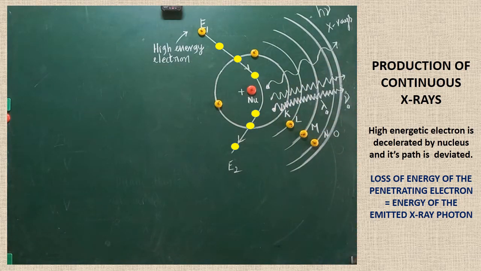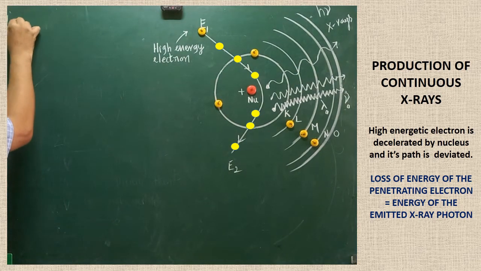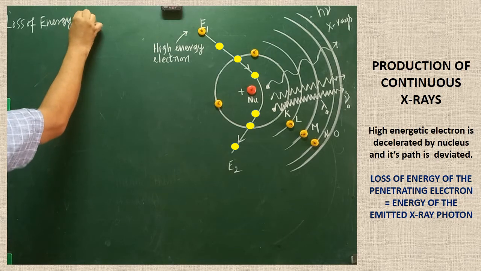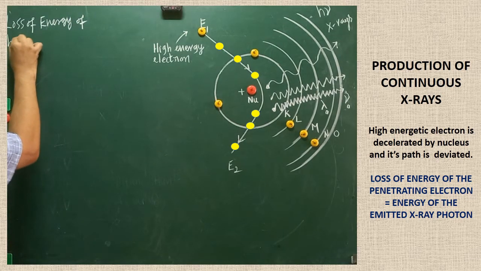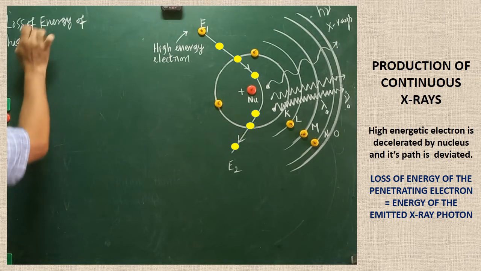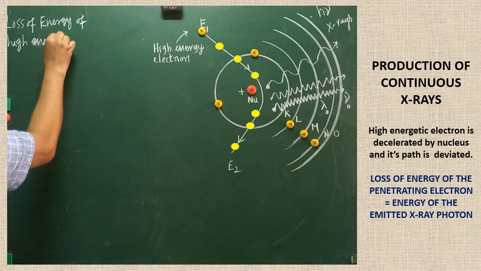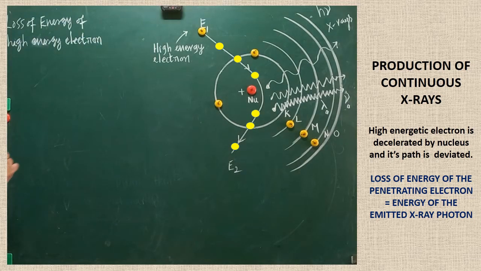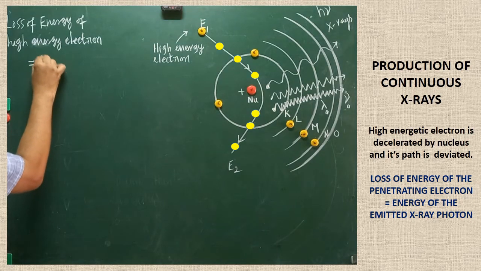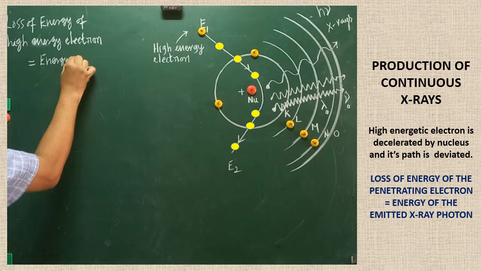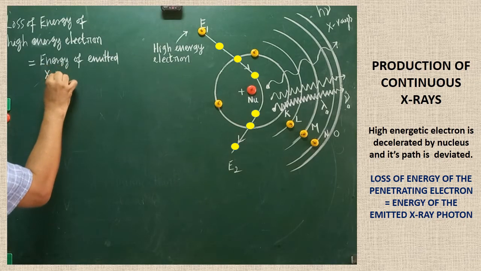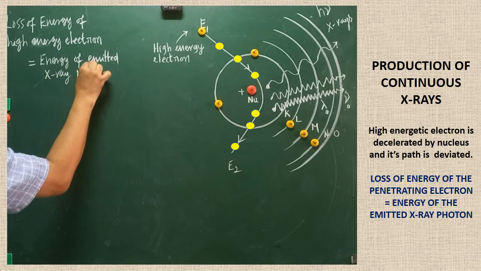Now we can write the new equation. Which one is converted into which one? The loss of energy of the high energy electron, that penetrating electron, is converted into the energy of the emitted X-ray photon.